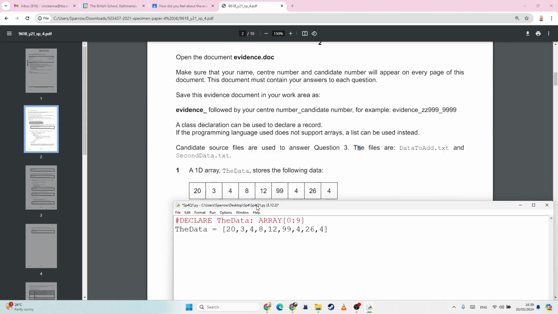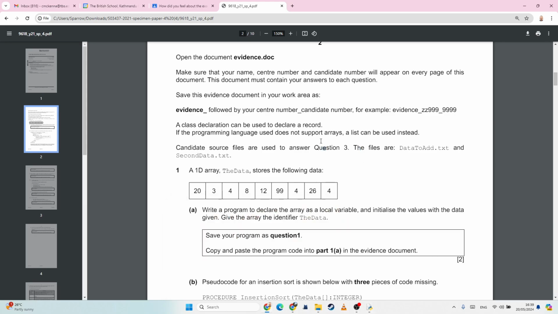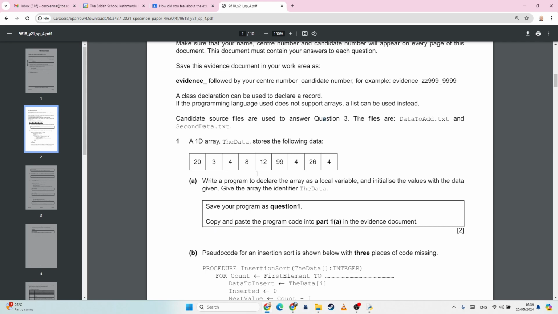Have I got them all? 0, 1, 2, 3, 4, 5, 6, 7, 8. Okay, sorry, 0 to 8, not 0 to 9. Remember pseudocode's inclusive. So declare the data array 0 to 8. And of what data type is it? Well, looks like it's an integer. Okay, so we've done that one for part A.